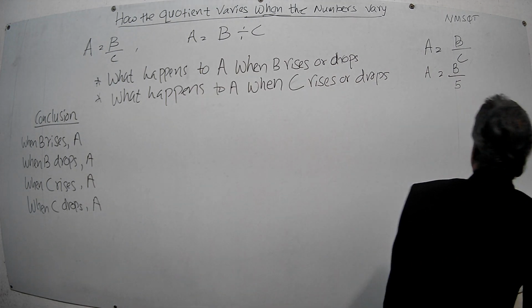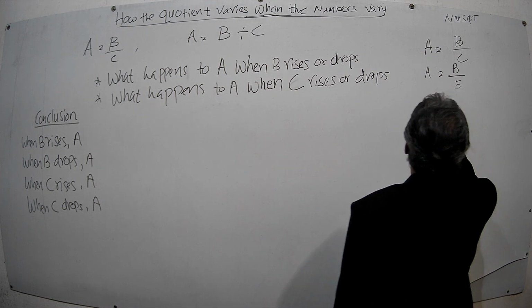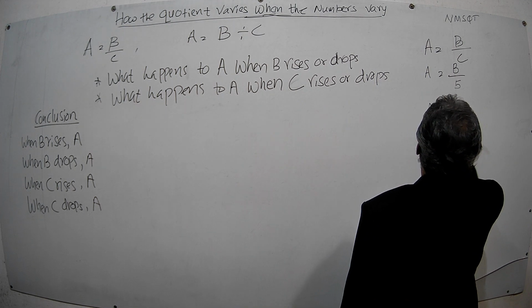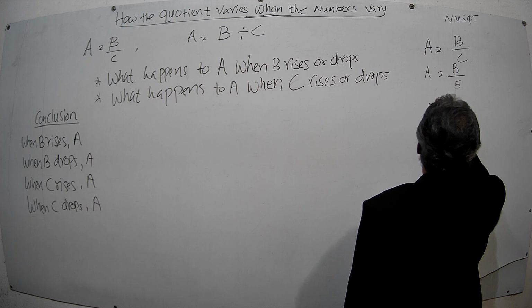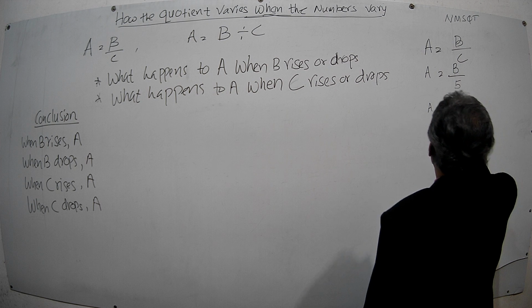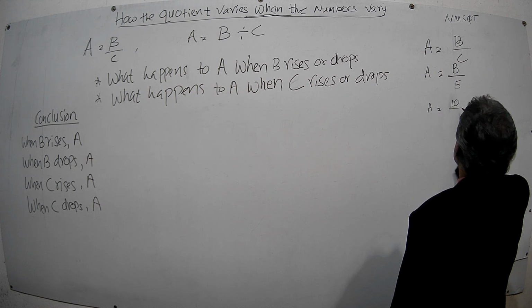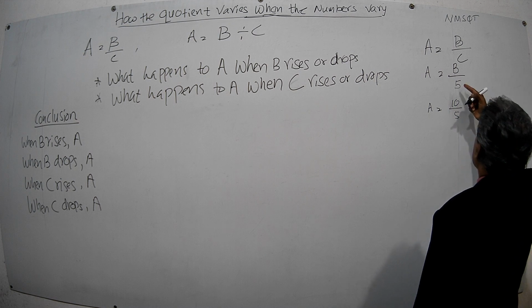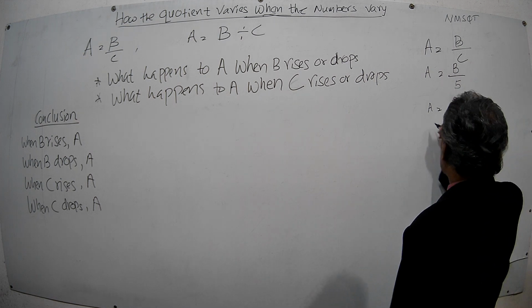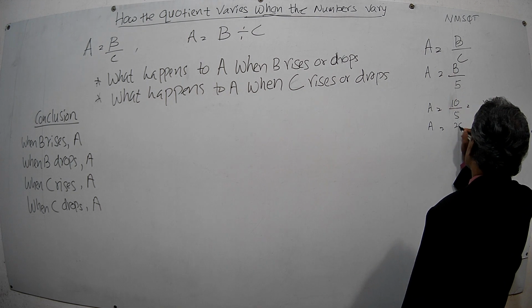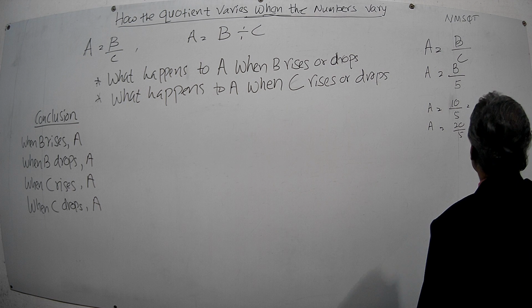Now say A equals B over C. Let's put 10 for B. Then with C as 5, the answer will be 2. Now I take another B value, let's say 20 divided by 5. Then how much? 4.